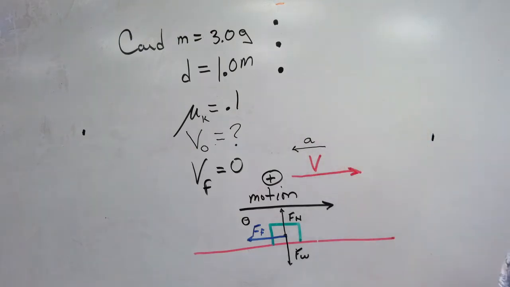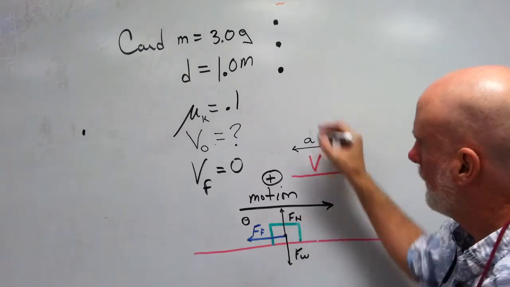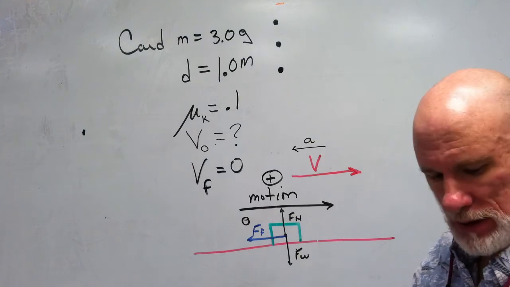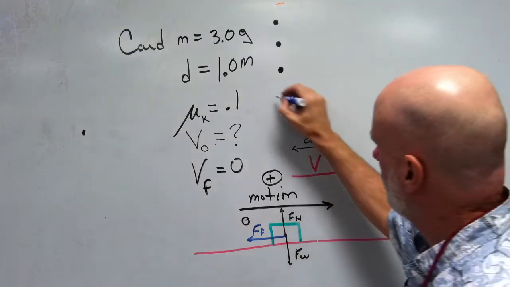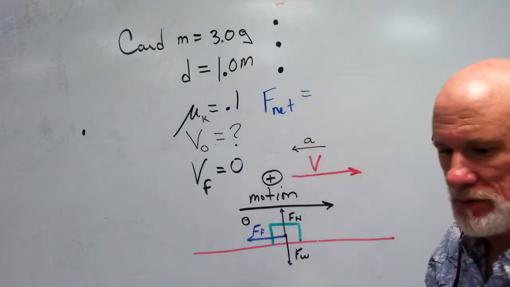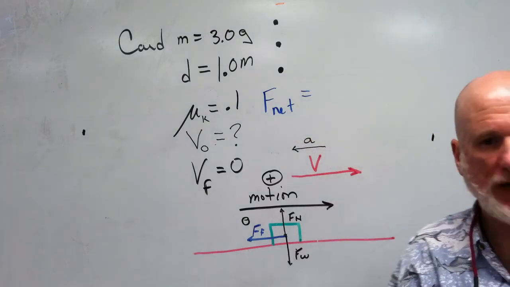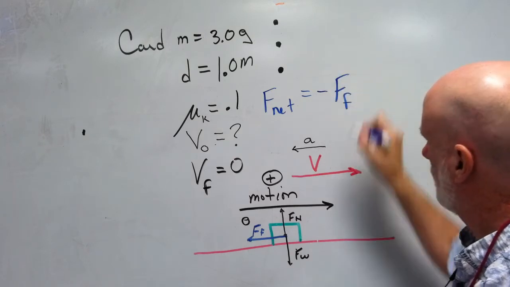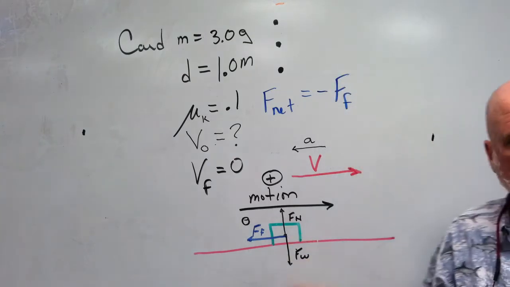write some equations. Now I know that F net, let's use a different color. I know that F net equals the friction, which is negative. Correct? How do I know it's negative?